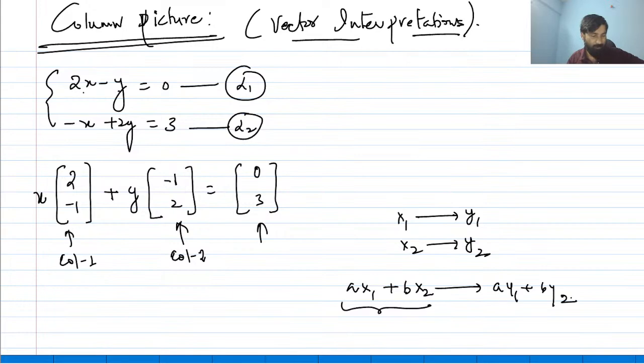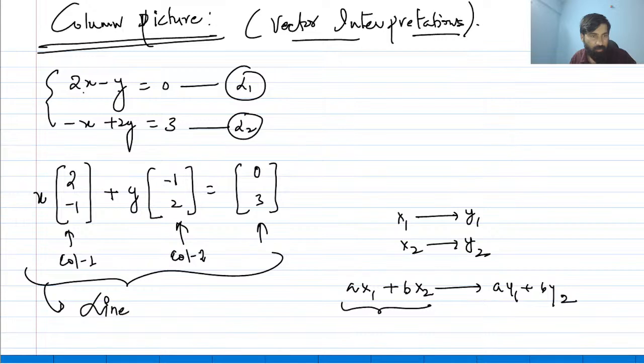What is this? This is basically the linear combination. We are multiplying by the scalar and summing them up. So here we will say this is basically the linear combination of column vectors.